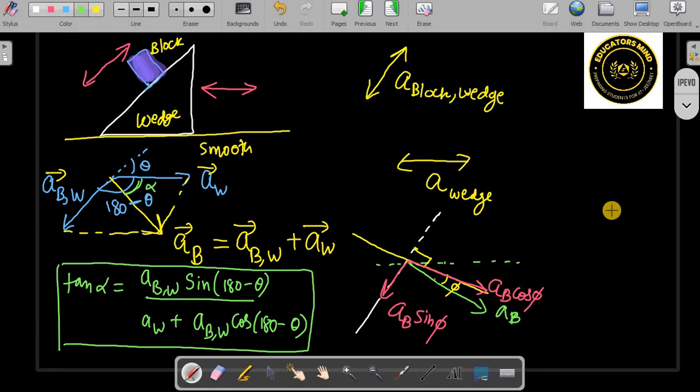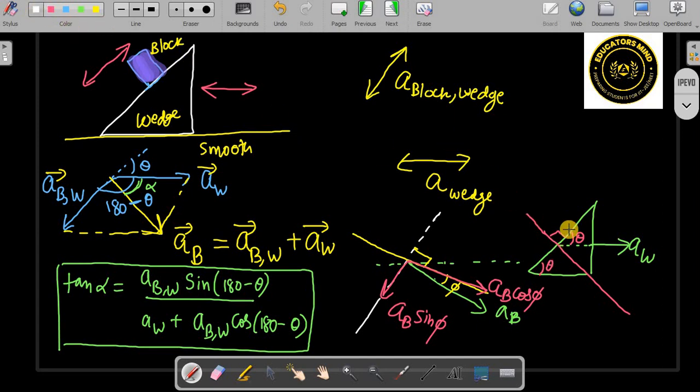What about the wedge? Of course, this is the wedge acceleration. Now this acceleration of the wedge can also be resolved in the normal direction, like this. This is of course the normal. We know this angle is also theta only, because this is theta.